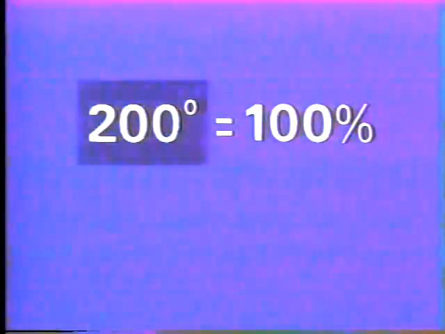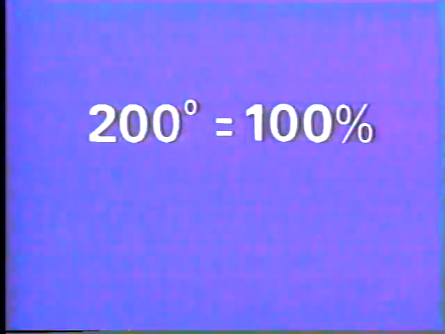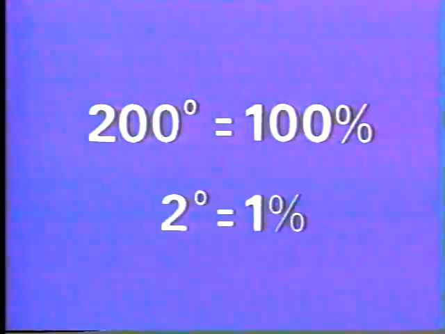Since the temperature range is 200 degrees and the percentage range is 100%, then 200 degrees is the same as 100%. And 2 degrees is the same as 1%. Or 1/2 of any temperature indication is its equivalent percentage.